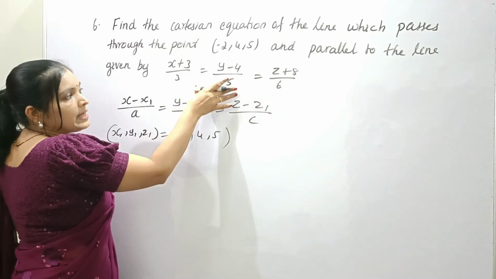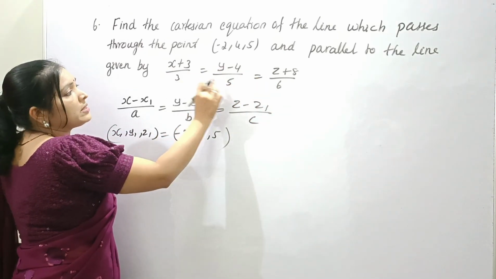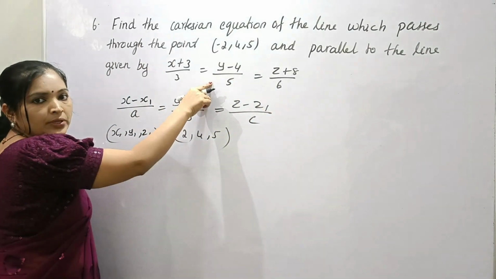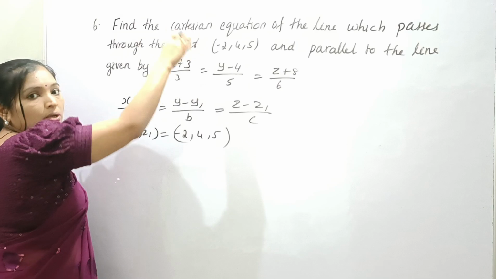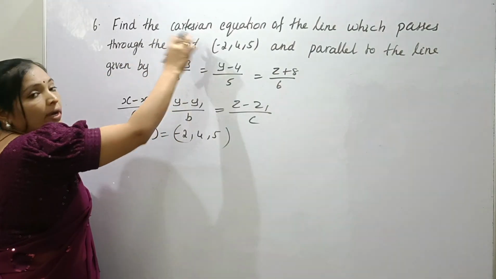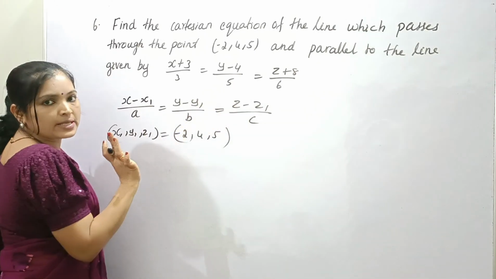In this equation, these 3, 5, 6 are nothing but the direction ratios of the given line. Since these lines are parallel, the direction ratios of the required line are 3, 5, 6 itself.